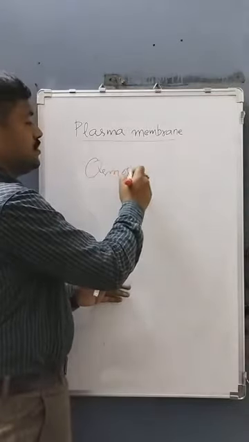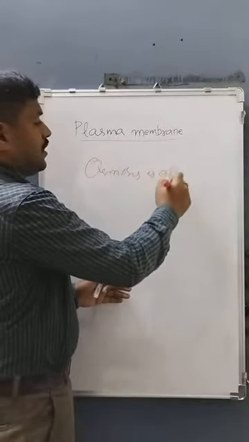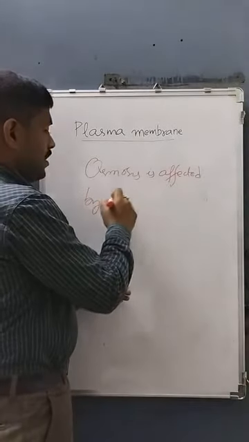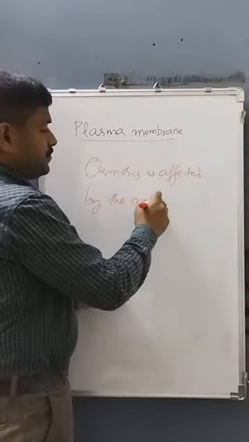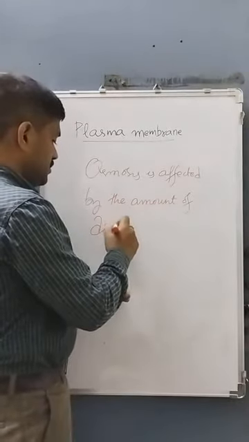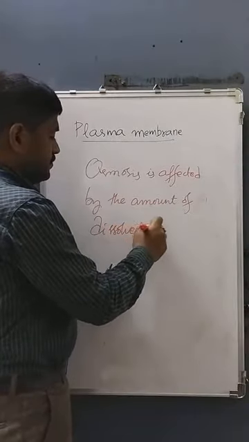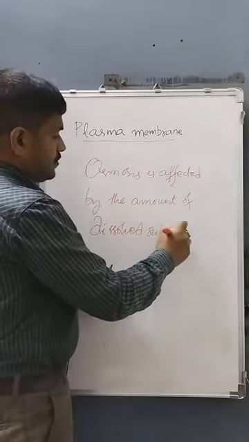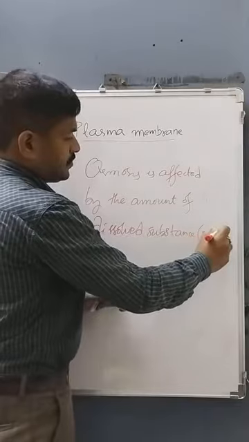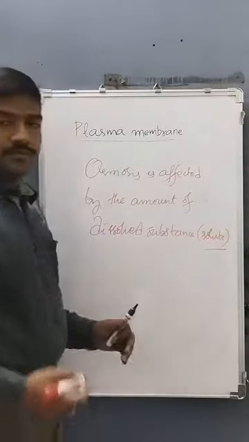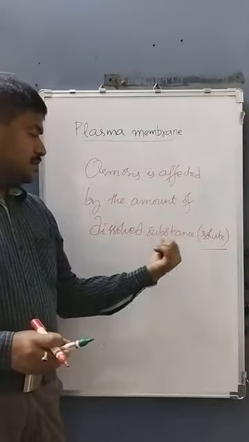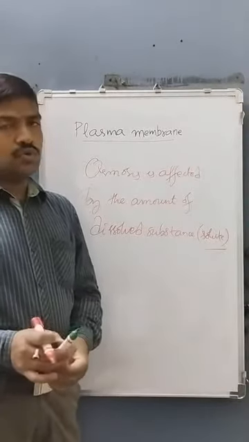Osmosis is affected by the amount of dissolved substance in it. Dissolved substance means solute. In chemistry terms, the dissolved substance is also called solute.